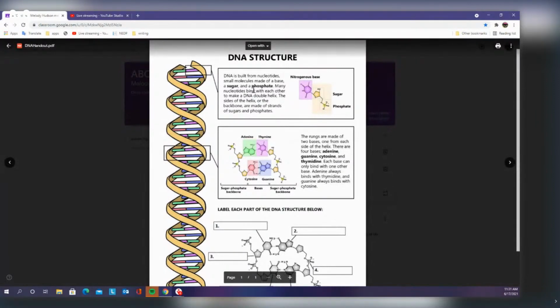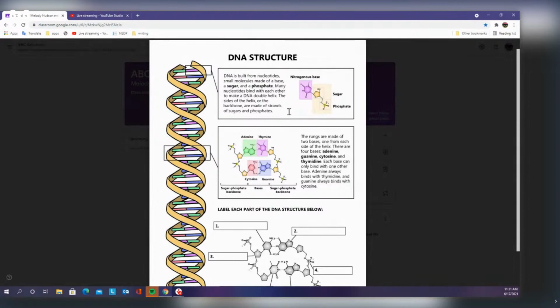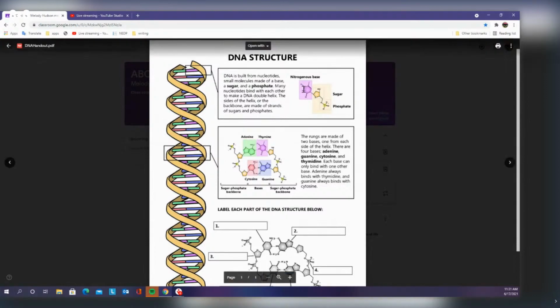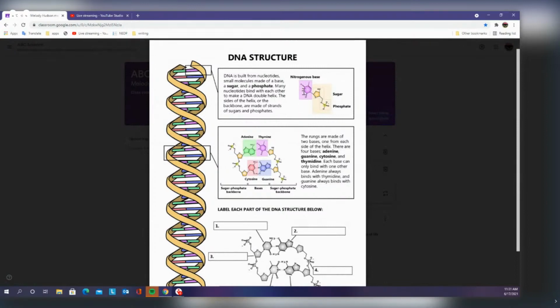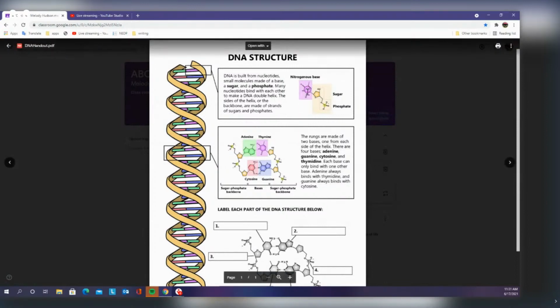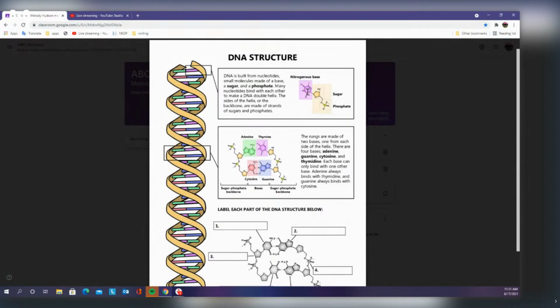Okay, so DNA is built from nucleotides, which are small molecules made of a base, a sugar, and a phosphate. This is what the base looks like. There's a hydrogen and a nitrogen there, oxygen, and another nitrogen molecule.